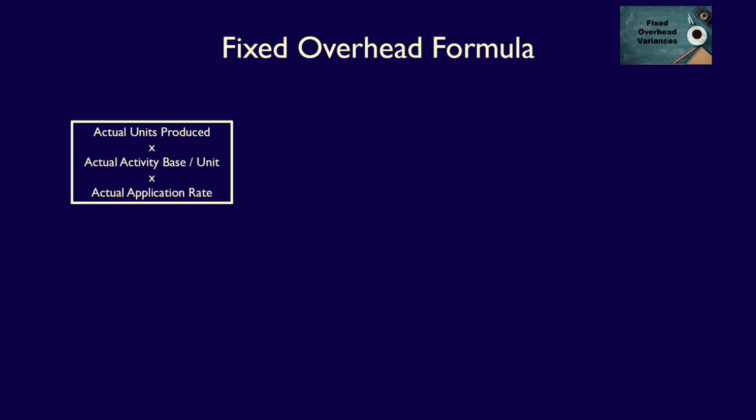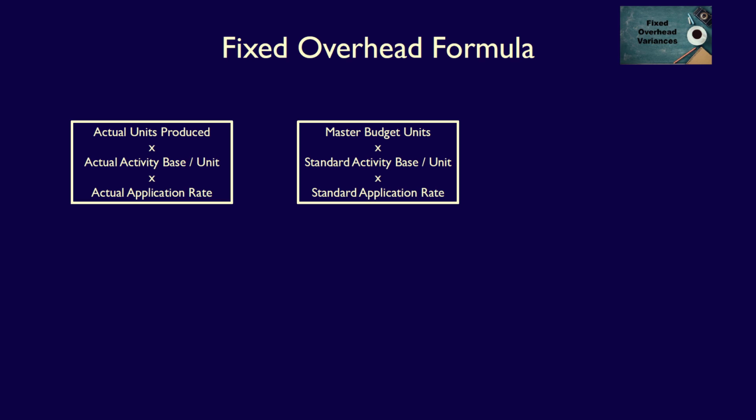Now, in order to calculate the fixed overhead spending variance, we have to compare the actual fixed overhead to the master budget, also called the static budget, for fixed overhead. Sometimes you're simply given the total amount of fixed overhead from the budget, but if you are asked to calculate it, you would have to take the master budget's total units and multiply it by the standard activity base per unit and multiply it by the standard application rate.